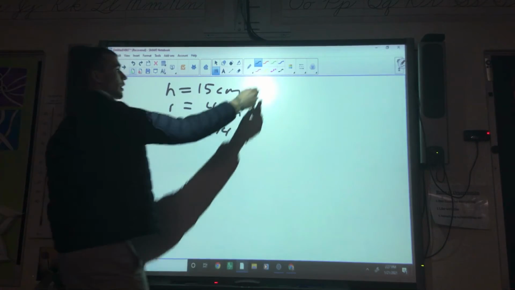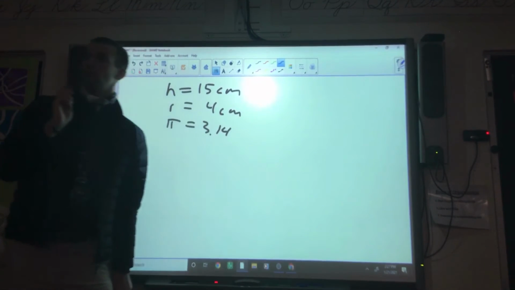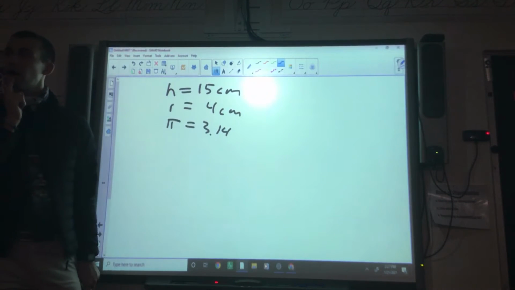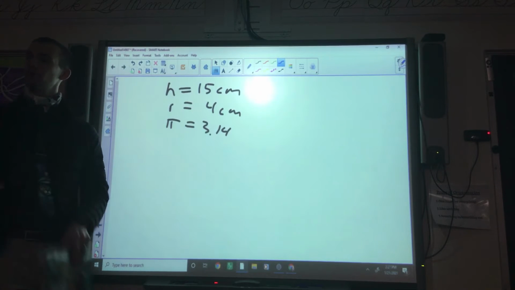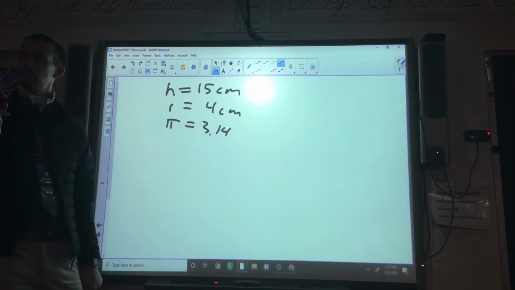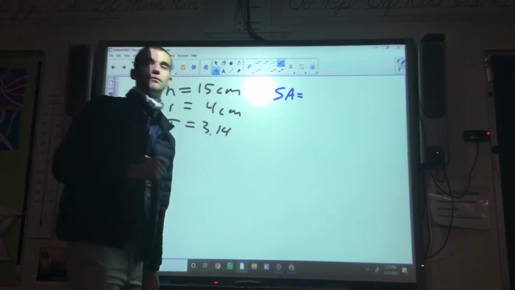Write the formula. Okay, what's the formula? What are they asking you to find for this one? Surface area. So surface area equals what?